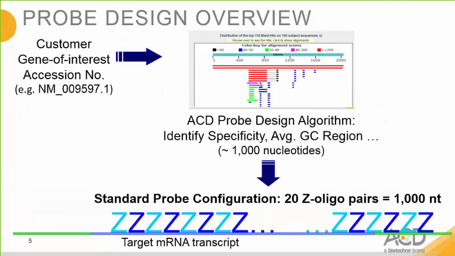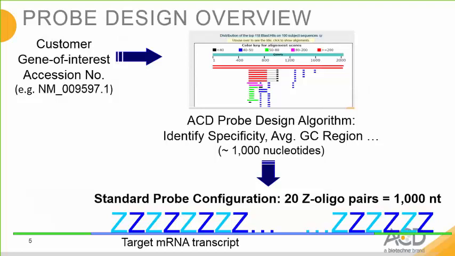To design a specific probe for your target of interest, ACD requests you to provide us either the accession number information or the exact sequence of the target. You could even indicate your region of interest for targeting with start and/or stop positions. We will elaborate it in the custom probe design session later in the webinar how you can get this information.